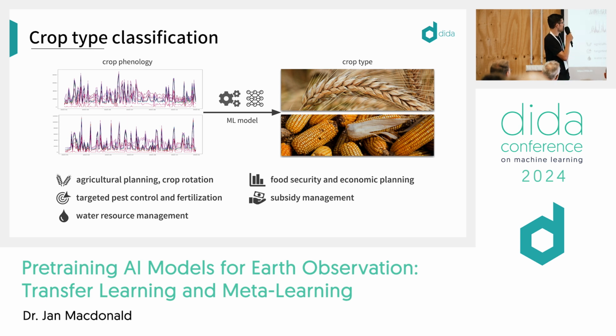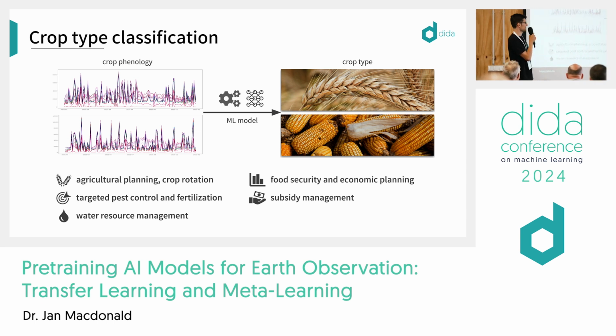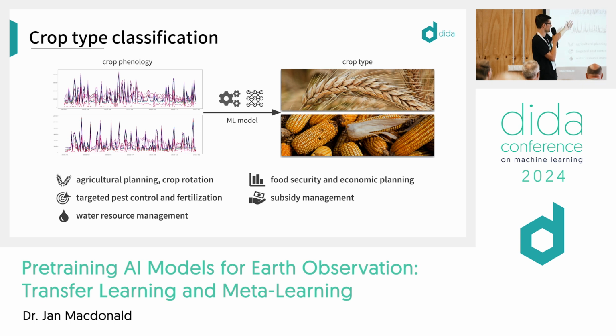From this information, the machine learning model should decide what kind of crop is represented by this phenology data. As I mentioned in the beginning, for humans this might be a rather hard task. At least I cannot tell which is which here. I might be able to tell that they are different, but it's really hard to get some information out of this as a human.